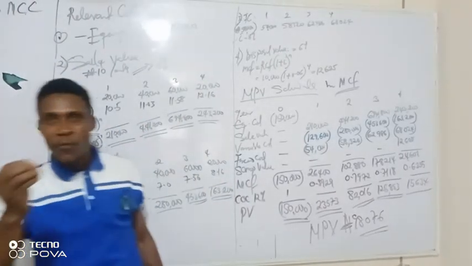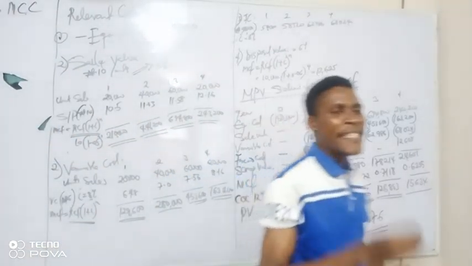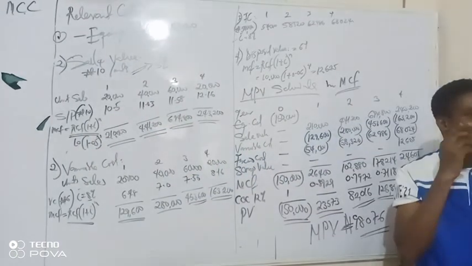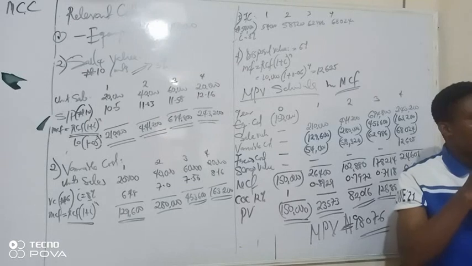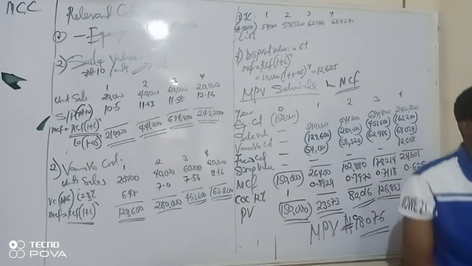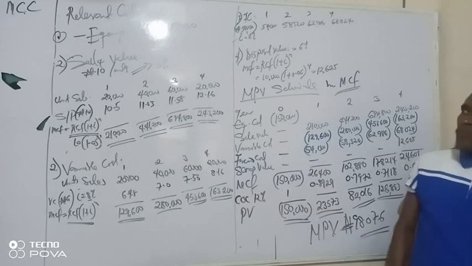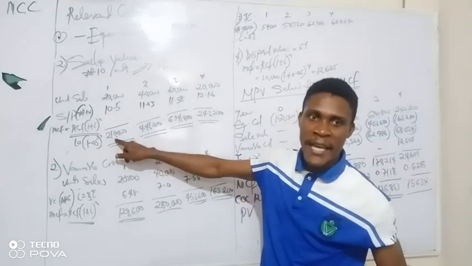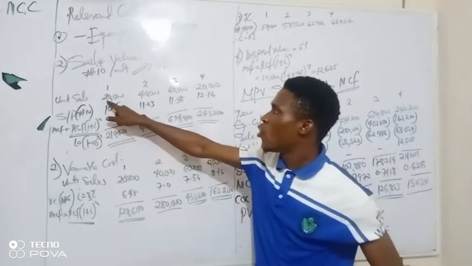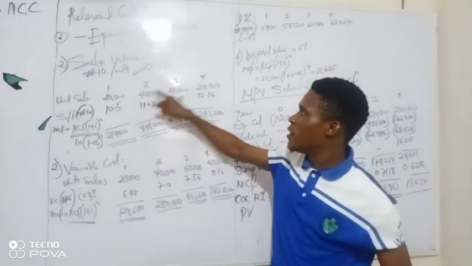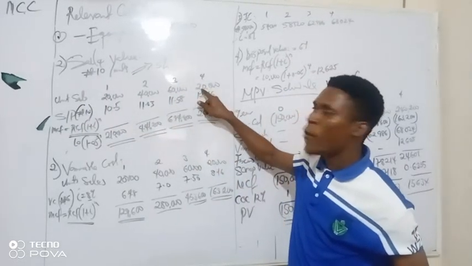Let me tell you another secret: anytime the cash flows have different inflation, they will make sure that those cash flows will be constant. Look at number one, how many do we have? 20. Year 2, 40. Year 3, 60. Year 4, 20.